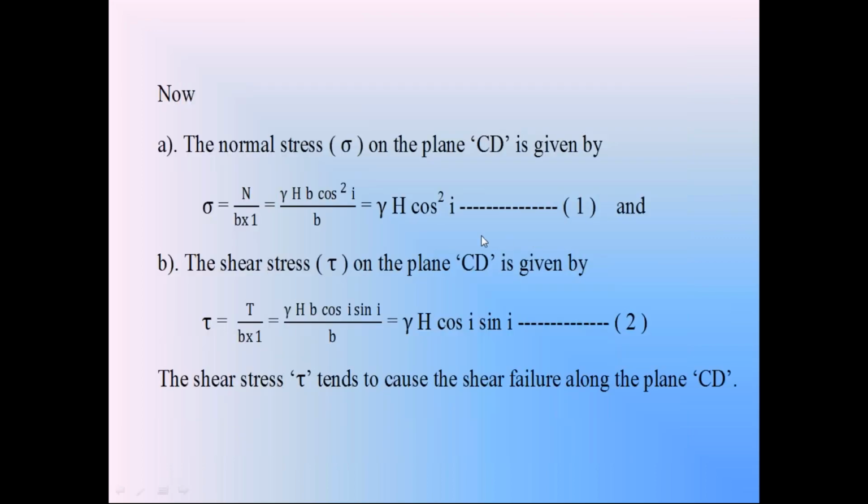So calculate that normal stress sigma, normal component by area, N by B into 1, that is gamma H into cos square i. Then the tangential component T produces the shear stress tau, T by B into 1, that is gamma H into cos i into sin i. This shear stress tau causes the failure of the soil in that infinite cohesive soil slope.